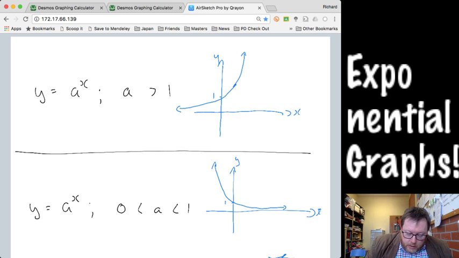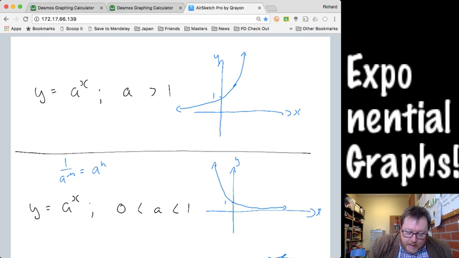Okay, so why does that work? Well, index laws again, I suppose. The index law which goes 1 on a to the power of negative n is equal to a to the power of positive n. So when x is negative, the negative power here makes the number itself bigger for y.